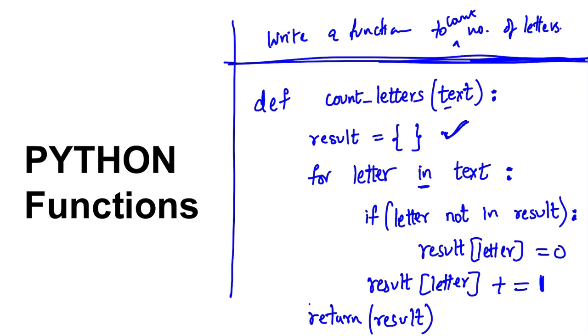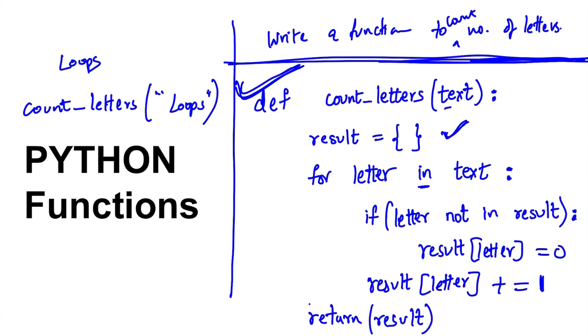So I hope the function is clear. Now if I want to check for loops, the function is defined over here on this side, and I just need to call it: count_letters, and check for this one, loops. Simple.